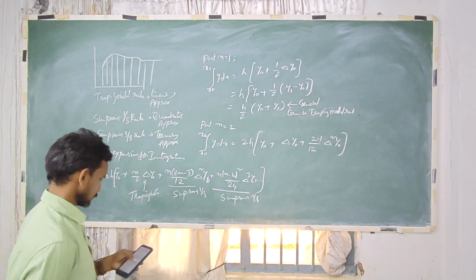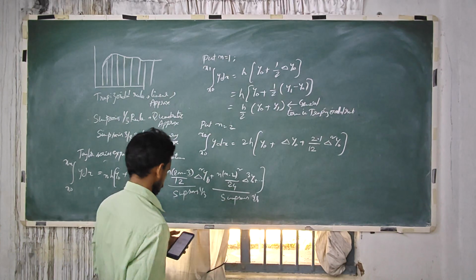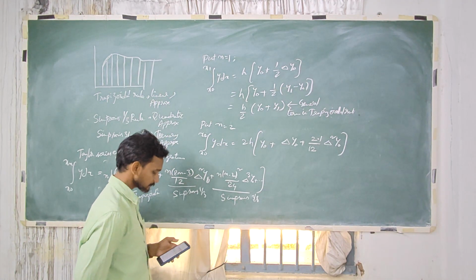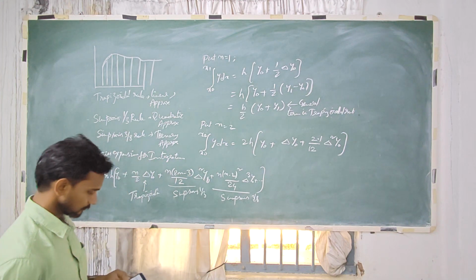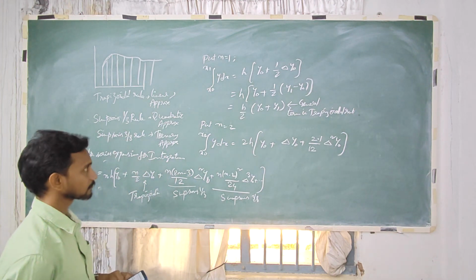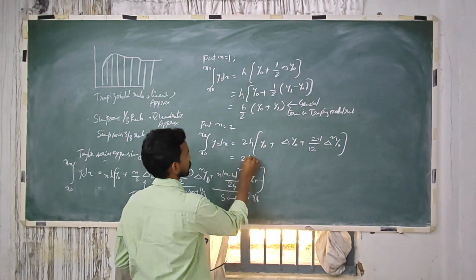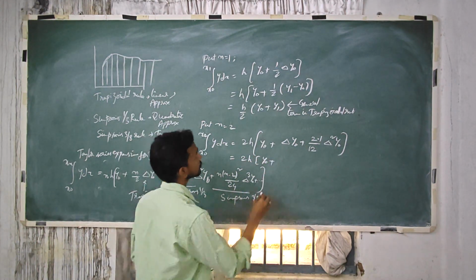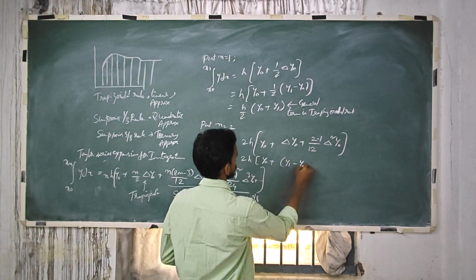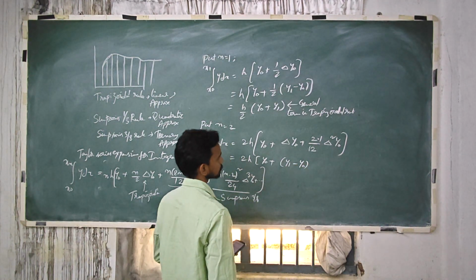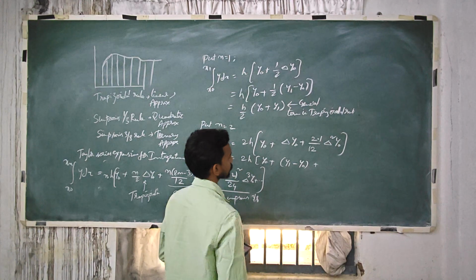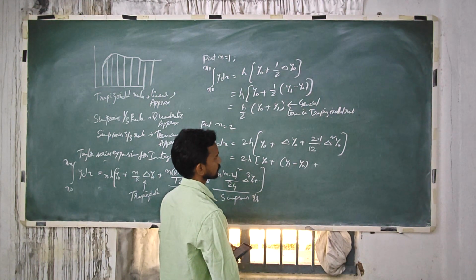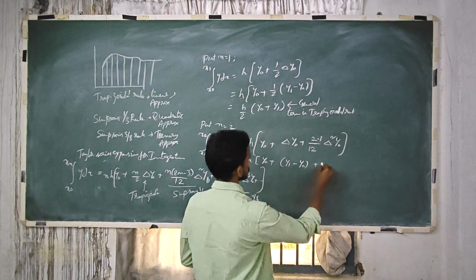This is what you will get. 2h times y0, plus y1 minus y0, plus the next term.